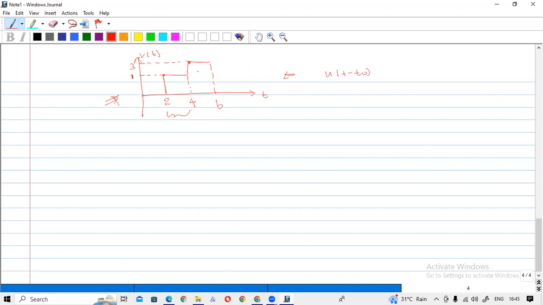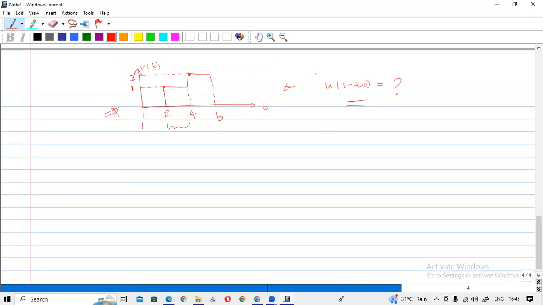And this one you can write as u(t-4) minus u(t-6), and it should be multiplied by 3. Then if you add those two functions, you can get this one. So that is how we can find it. Very easy.